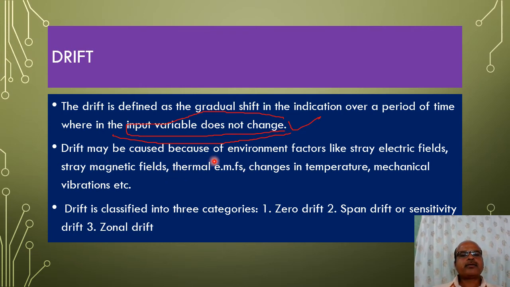Drift may be caused by environmental factors like stray electric field, stray magnetic field, thermal EMFs, change in temperature, mechanical vibrations, etc. Drift is classified into three categories: zero drift, span drift or sensitivity drift, and zonal drift. So keep in mind these definitions of drift.